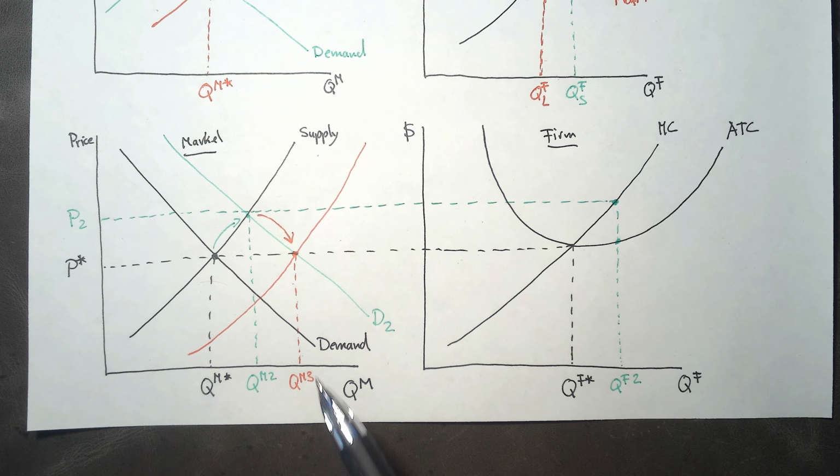Okay, so those graphs illustrate the dynamics of a perfectly competitive market and how it reverts to the zero economic profit condition in the long run.